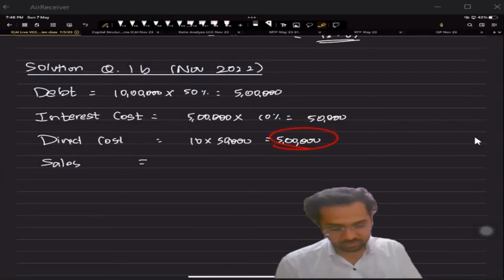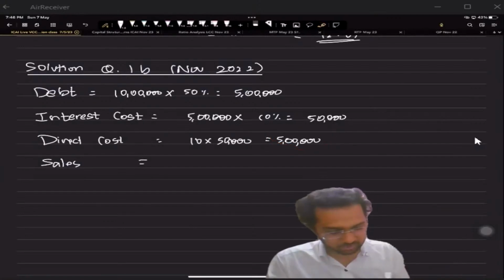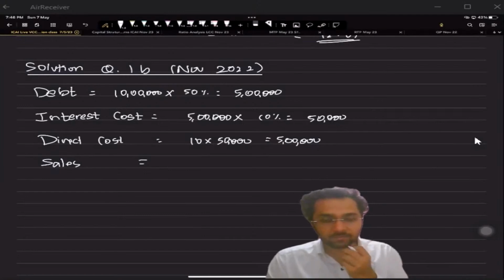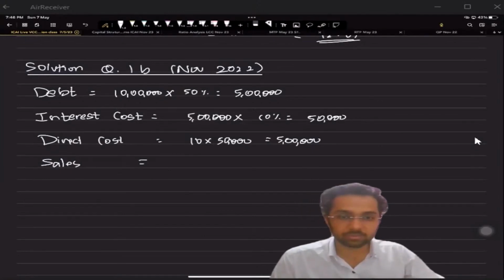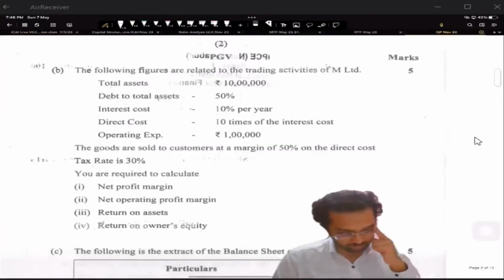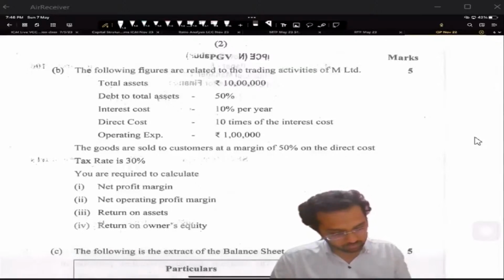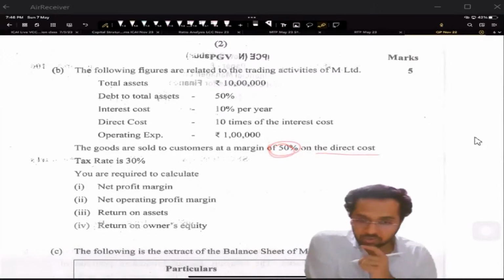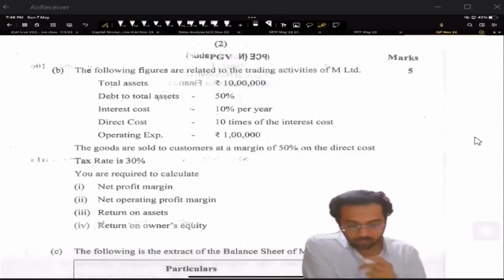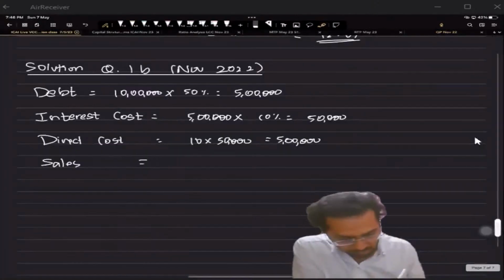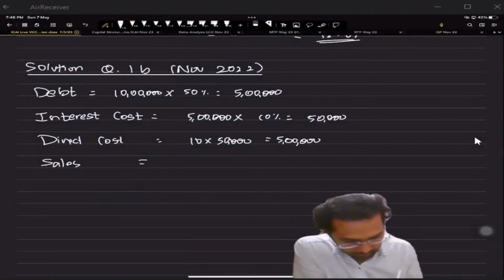So direct cost is 5 lakh, and sales is going to be 5 lakh plus 50% of 5 lakh.